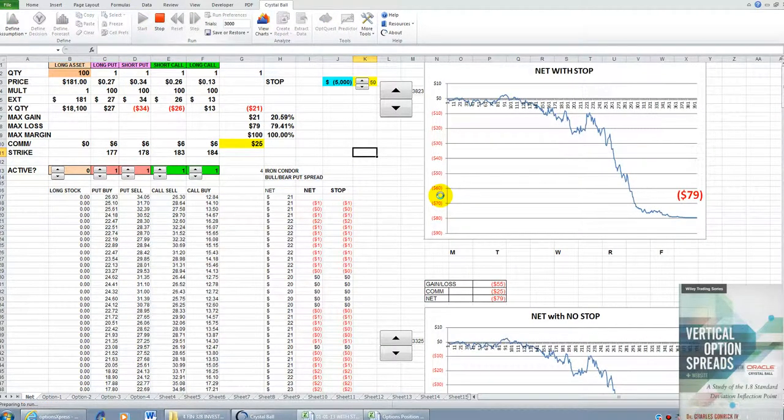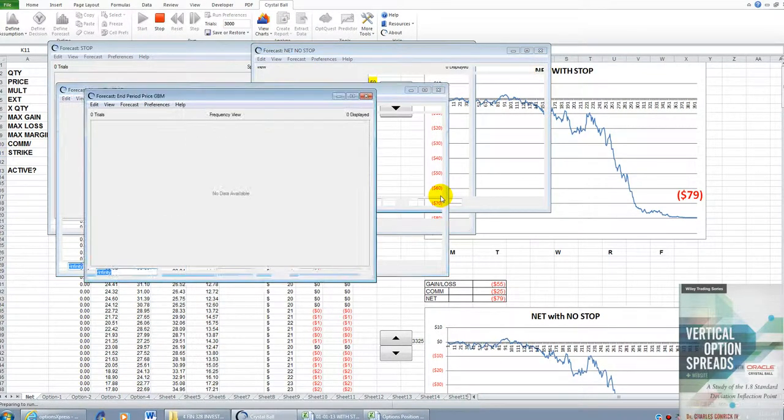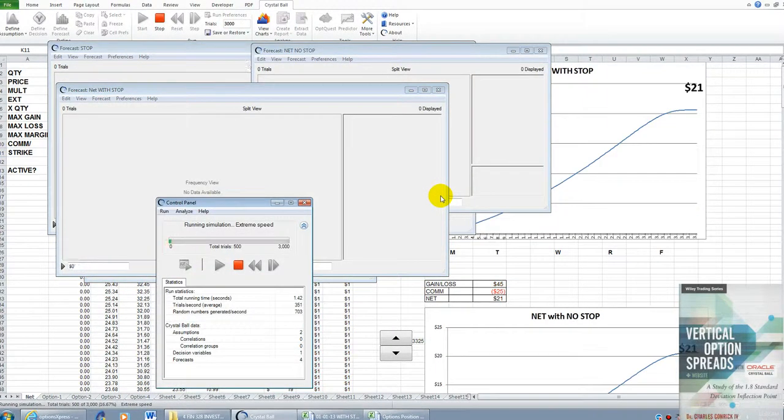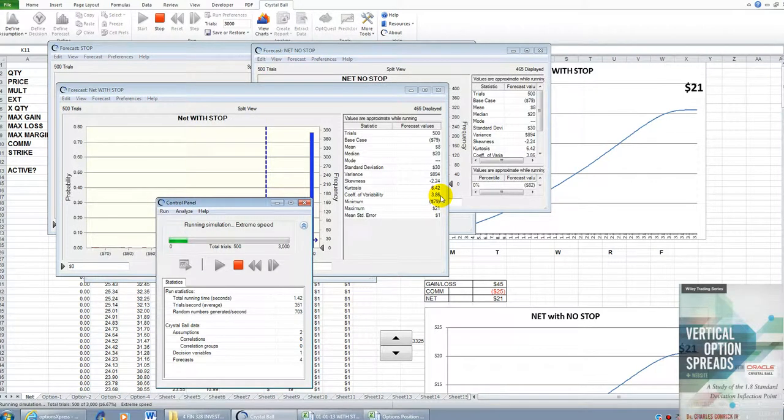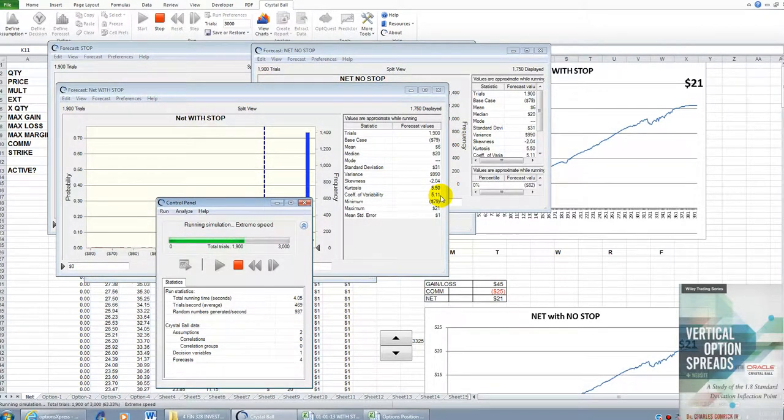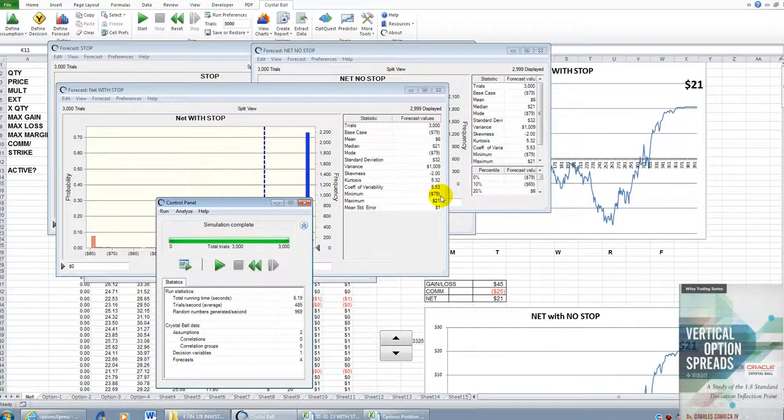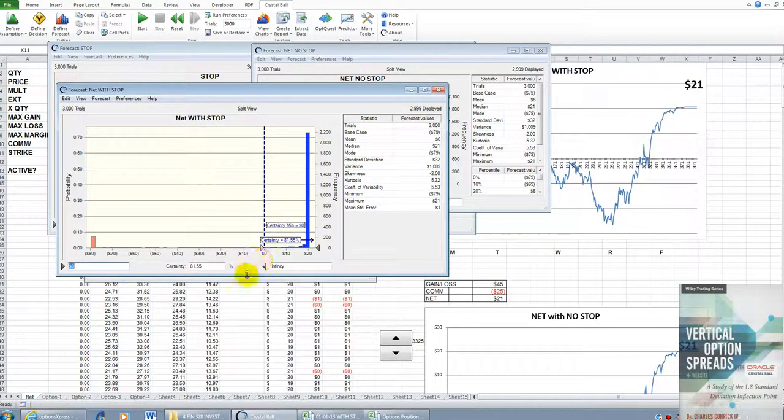And now that the trade is all set up, Crystal Ball is going to run this 3,000 times in a very rapid period of time and give us an estimate of what our distribution is going to look like. And here it is. Let me close that out. And according to this, after 3,000 simulations, we should hit zero or get our maximum payoff 81% of the time.